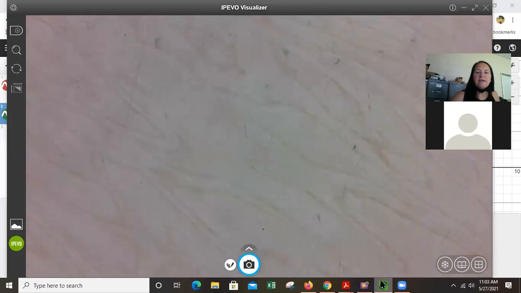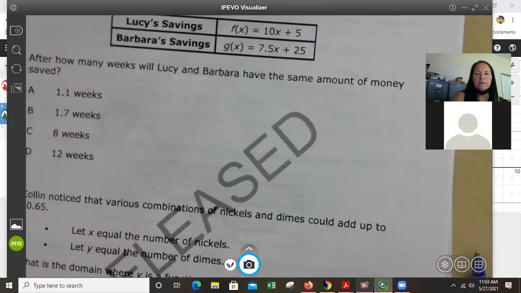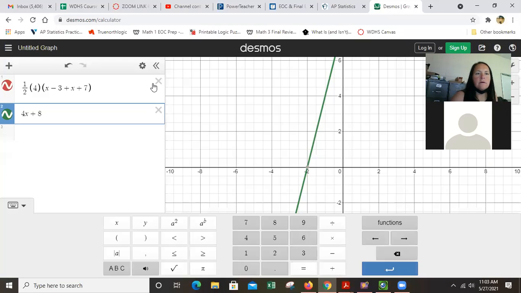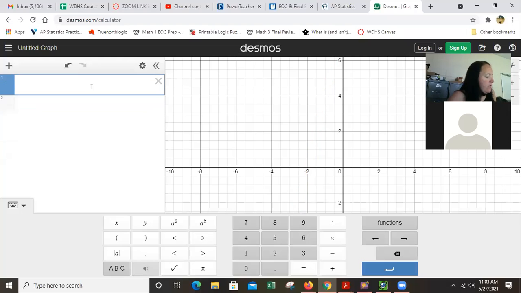For 36, I'm going to go to Desmos. 36 says, after how many weeks will Lucy and Barbara have the same amount of money? So they're equal. So I'm going to start with that first formula, 10x plus 5.